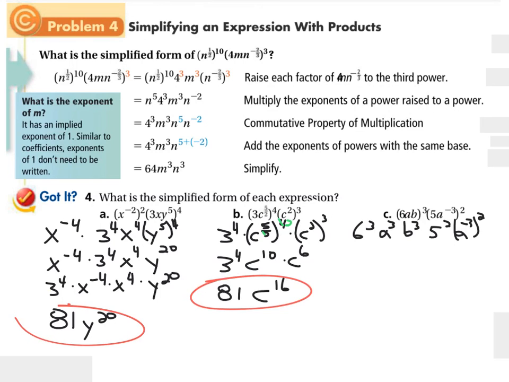Okay, and if we reordered these, which we could at this point, let's first deal with this right here. Okay, we've got 6 to the third times a to the third times b to the third, I'm just copying everything down, times 5 to the second, because that one was only raised to the second power.